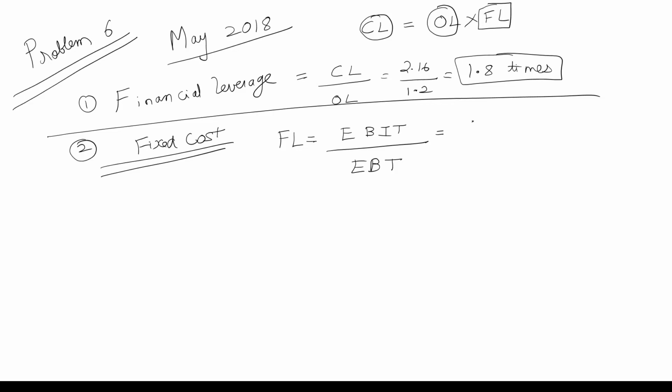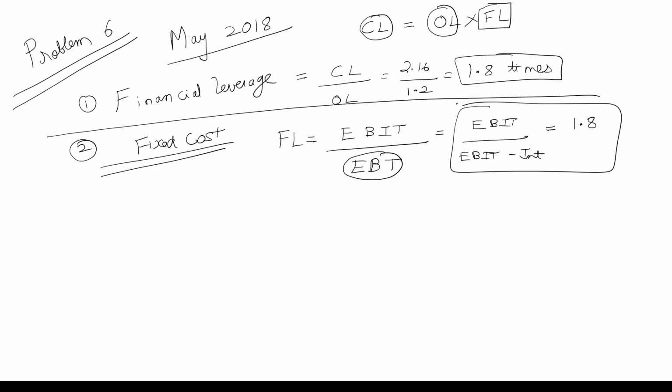This can further be expressed as EBIT divided by EBIT minus interest, because earnings before tax is earnings before interest and taxes minus interest. This is what I got in the previous calculation as 1.8. So I'm going to use this, and I know interest is given in this question as 10 lakhs. I'm going to use this to get my EBIT first. So let me put this here again.